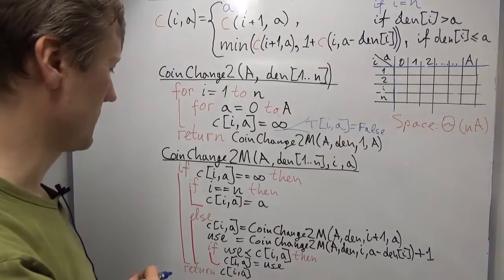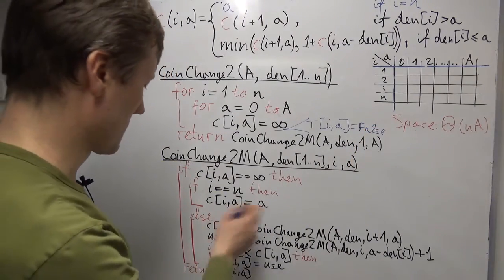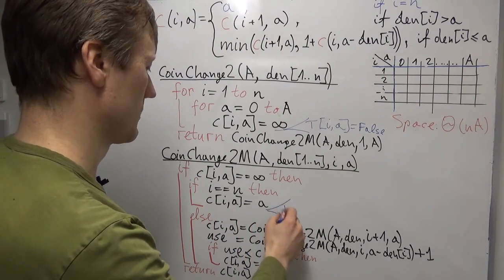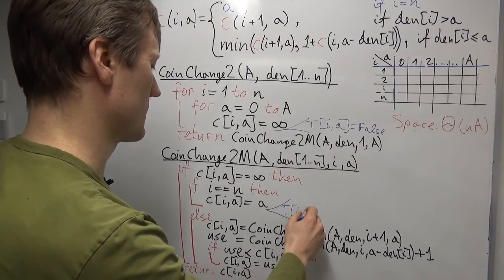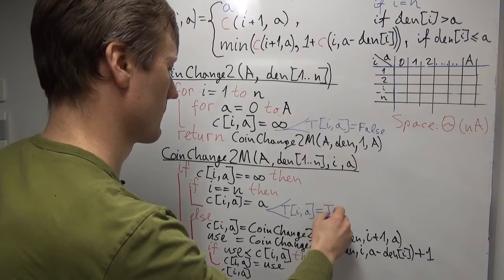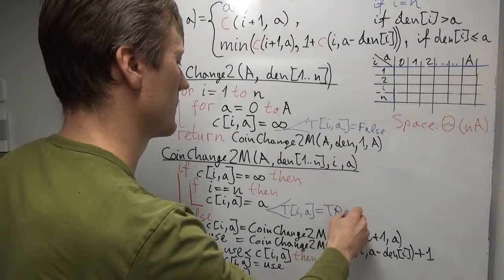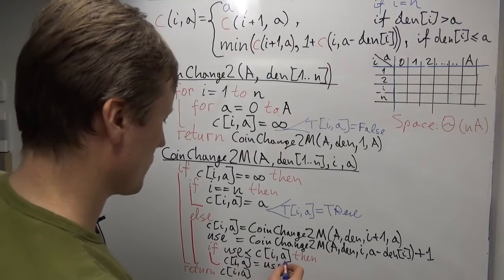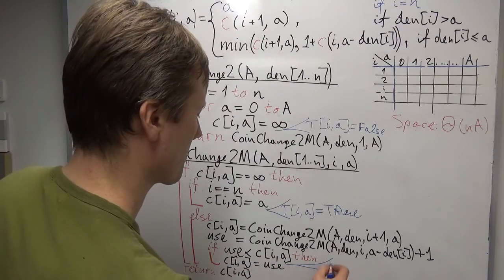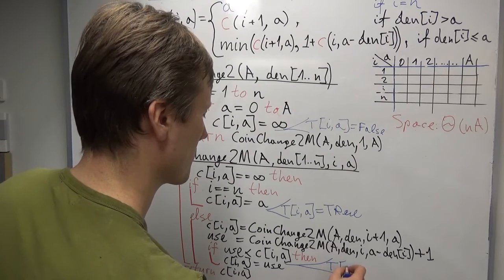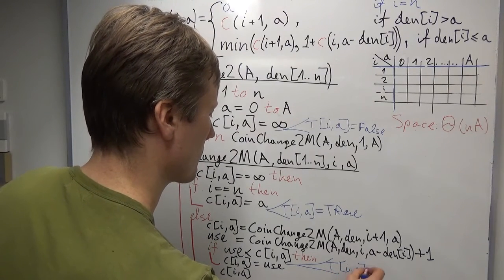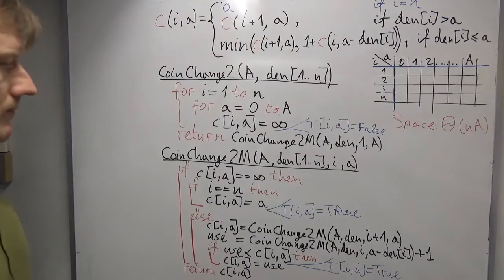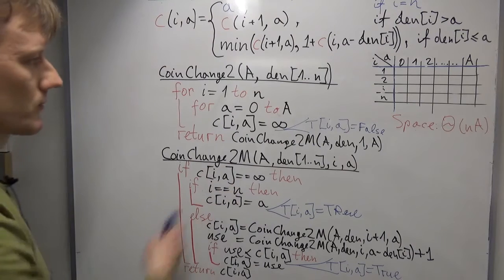And then whenever we see in the algorithm that we want to take a coin, we say true. Here we need to take a coin, and also here we need to take a coin. That will give us a table of true and false values.